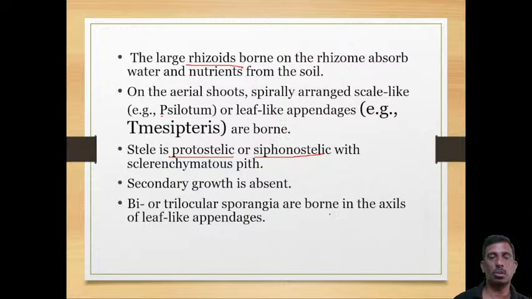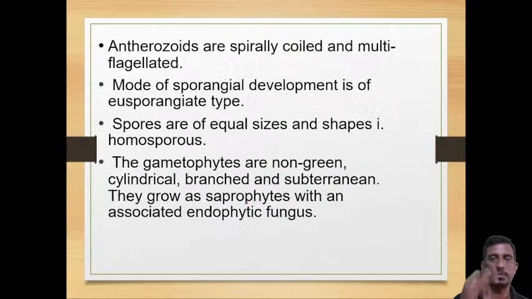Bi or trilocular sporangia are produced on the leaves. The antherozoids which are produced are spirally coiled and multiflagellate, whereas in bryophytes they are biflagellate.